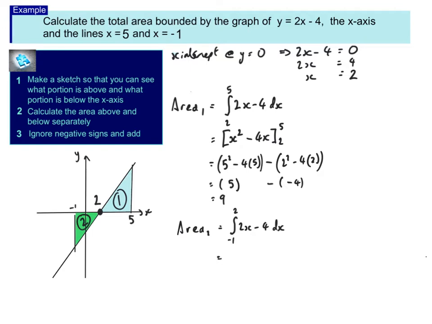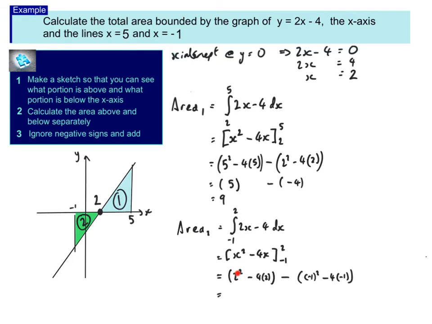I don't need to think too hard about the integration because it's already been done. So I can just copy that from the line above, x squared minus 4x between 2 and negative 1. So I'll end up with 2 squared minus 4 lots of 2 minus negative 1 squared minus 4 lots of negative 1.